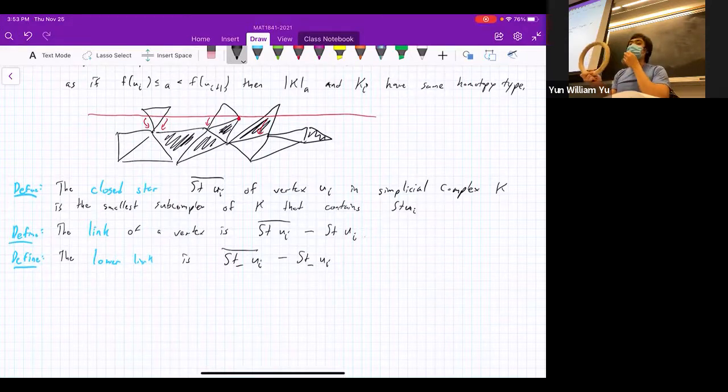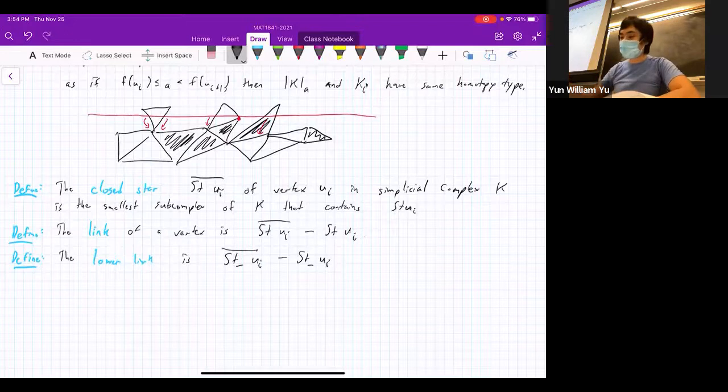What we're going to do here instead is define whether or not a point is critical by the homology of the lower link. So as you cross that boundary, you cross that vertex by including it, that lower link is what you're pasting on top. It's what you're gluing to the existing complex. And you're asking, how trivial is the homology of the thing you're pasting? If the thing that you're pasting doesn't change the homology at all, well, then it's regular. If it does somehow change the homology, then it's critical, basically.